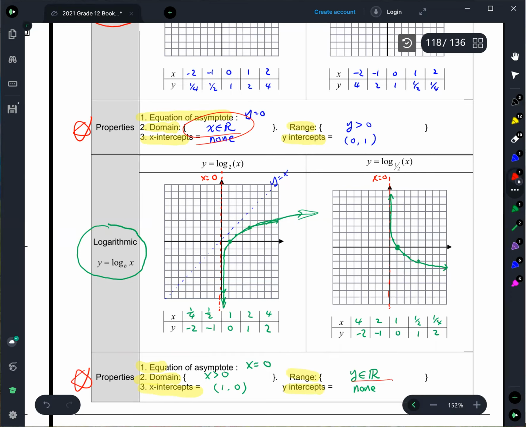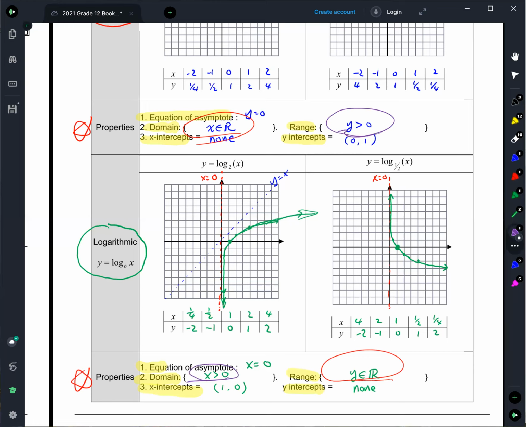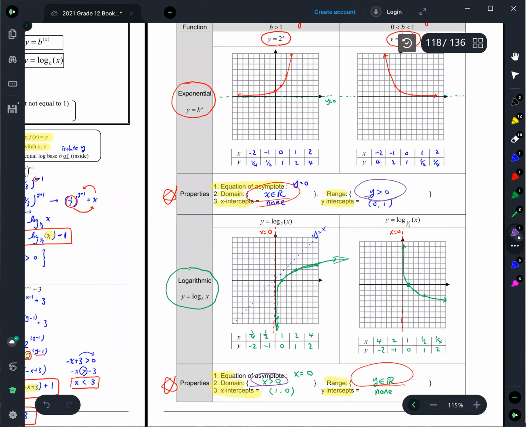Used to be y greater than 0, now it becomes x greater than 0. Same with the intercepts. X-intercept used to be none. When you inverse, the y-intercept is none. So if you remember the original exponential, then you would know the log one.